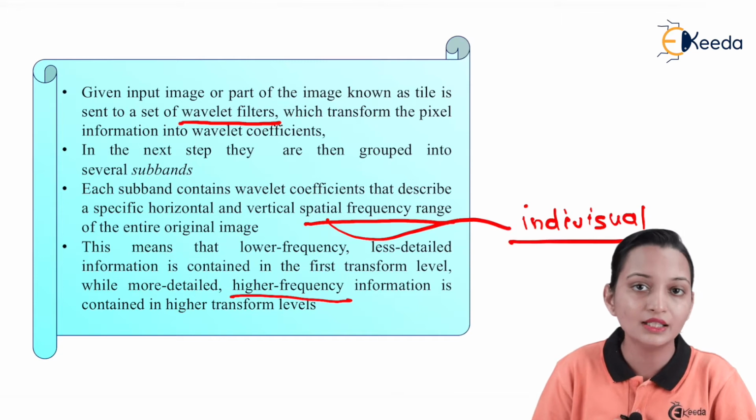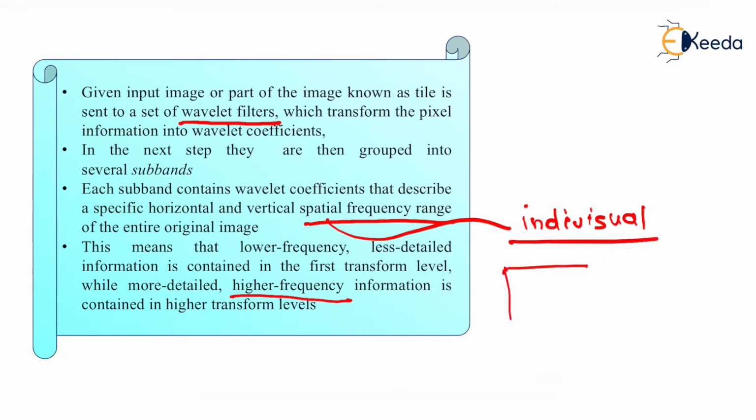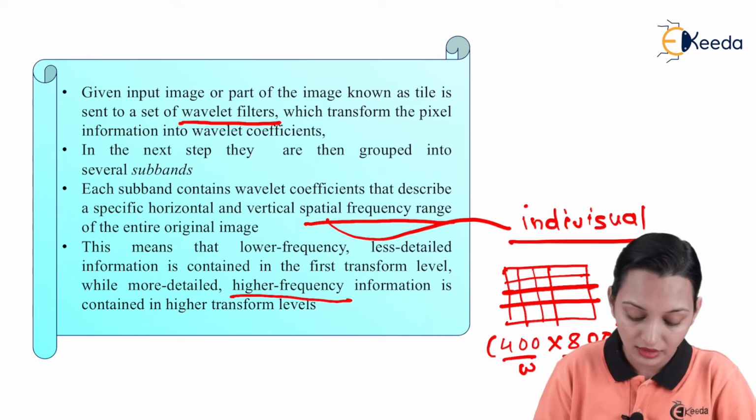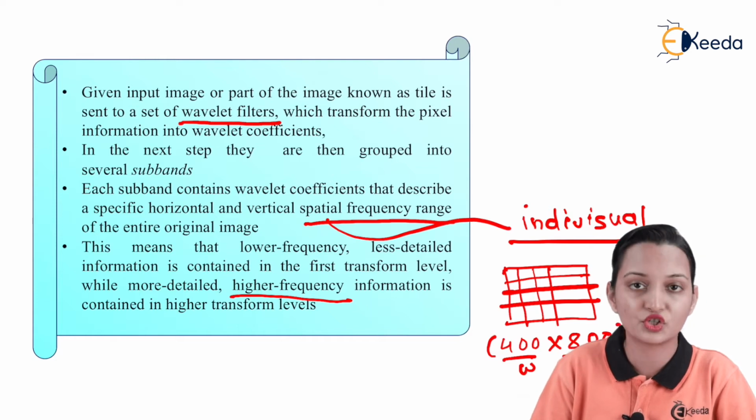So obviously, an image has multiple pixels. For example, if an image is a 400 into 800 pixel image, indirectly 400 width, 800 height, this is the size of the image, then how many pixels will there be? 400 into 800. Like this, there will be a number of wavelet coefficients.